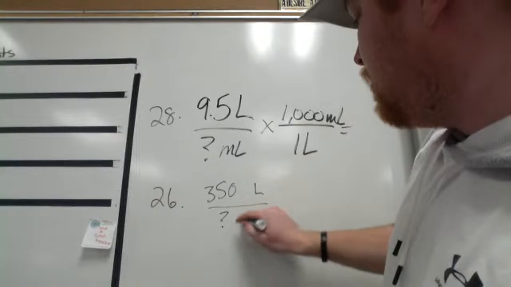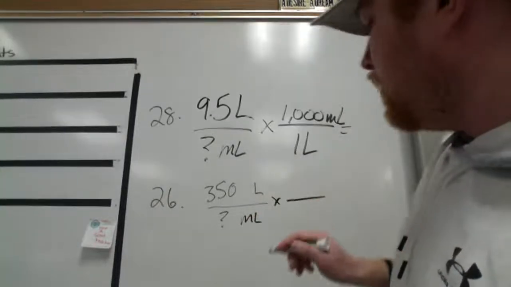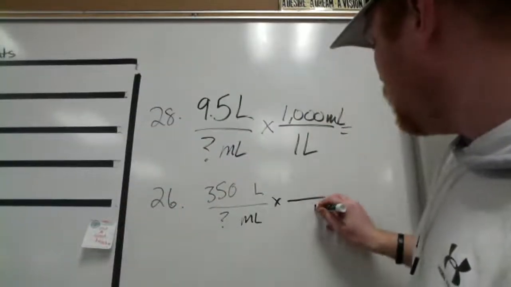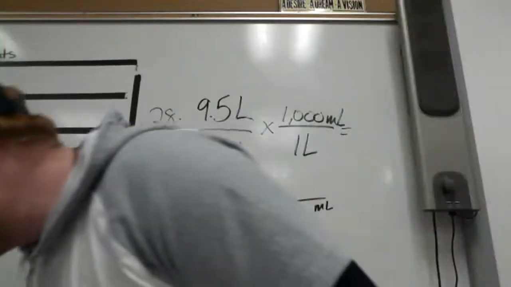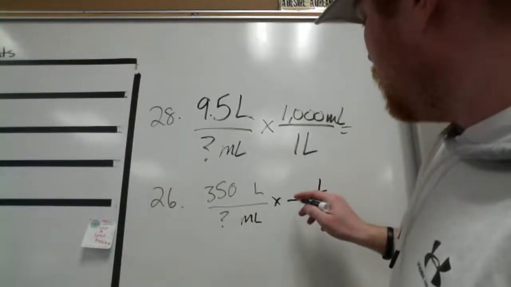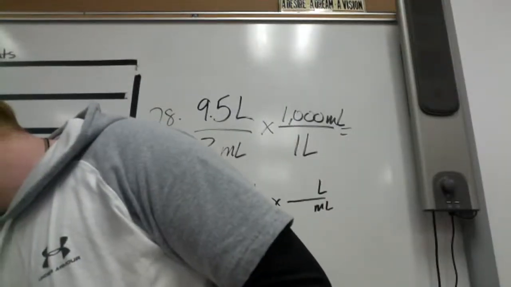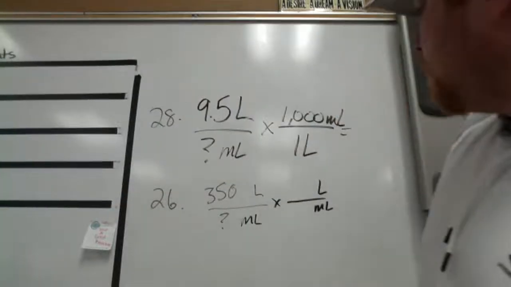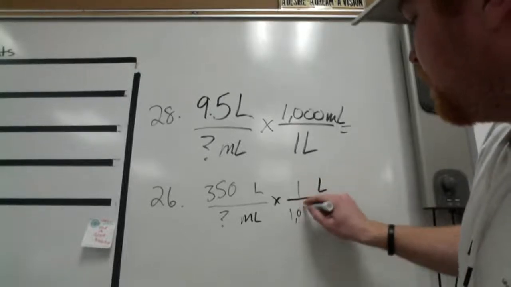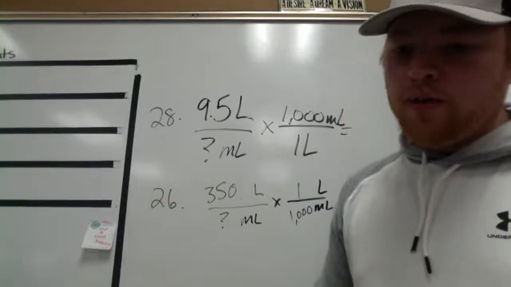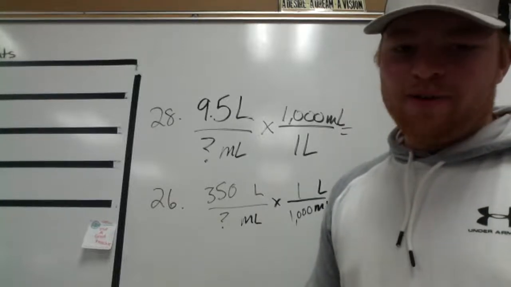Should be liters and then milliliters, milliliters to liter. Just like that. So you just cross multiply and divide, Greta, on 26. Thanks, Weston.